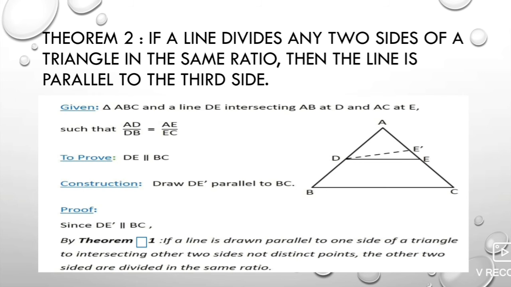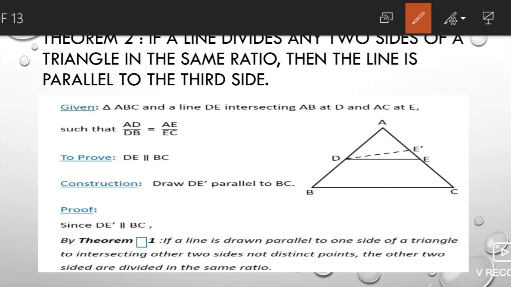So what is the statement? The statement is, if a line divides any two sides of a triangle in the same ratio, then the line is parallel to the third side, you have to prove. That means it is already given that the ratio of two sides are equal. That means AD by DB is equal to AE by EC is given.